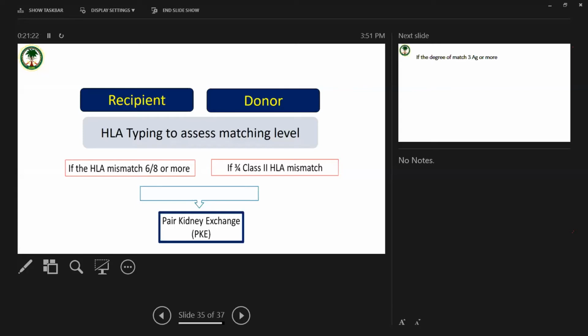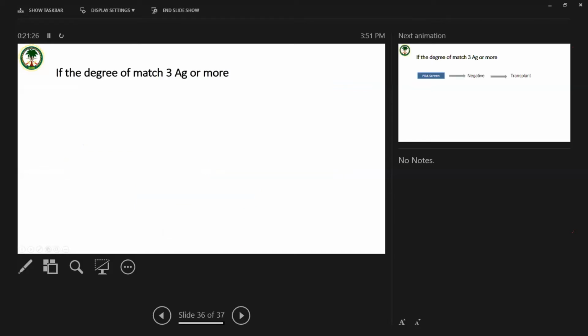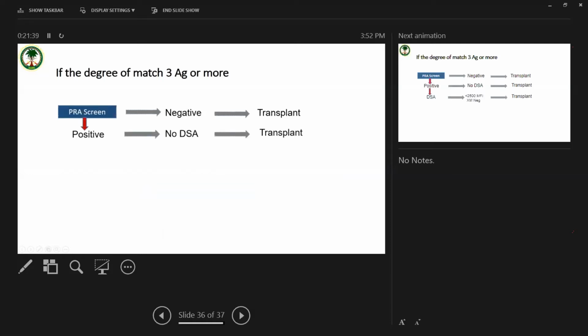We direct that patient to the paired kidney exchange program to avoid transplanting with more mismatch. Another scenario: if the degree of match is 3 antigens or more, meaning the matching is better, then we do a PRA screen. If it's negative, then we transplant. If it's positive, we need to identify whether there is a donor-specific antibody or not. If there is no DSA, then we transplant.